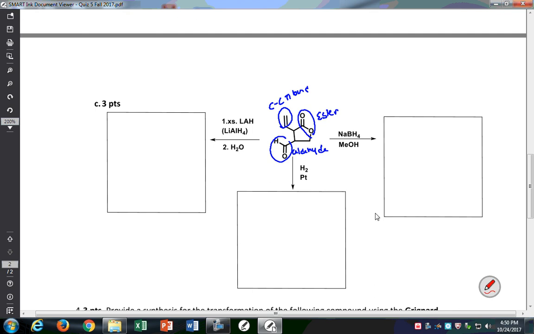And numbering here is going to be really helpful. I'm just going to draw my backbone carbons. Nothing happens to my carbon-carbon double bond, so I'm just redrawing it.